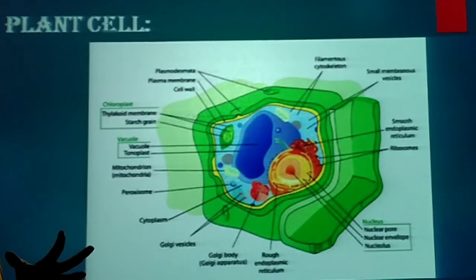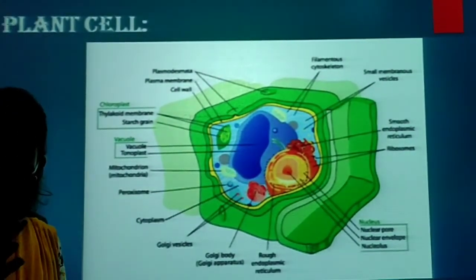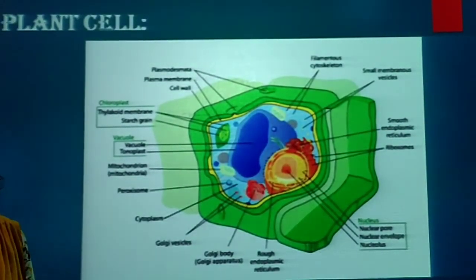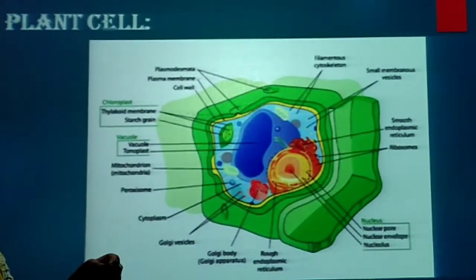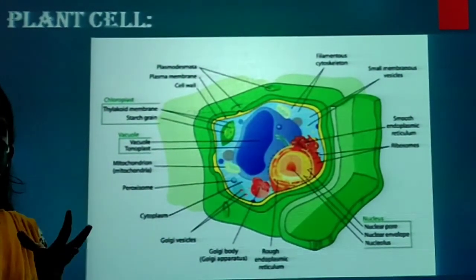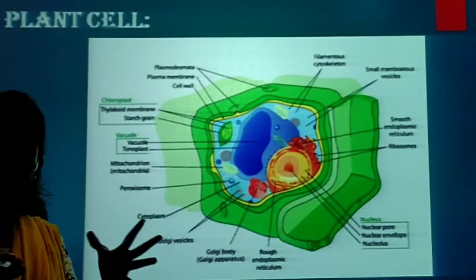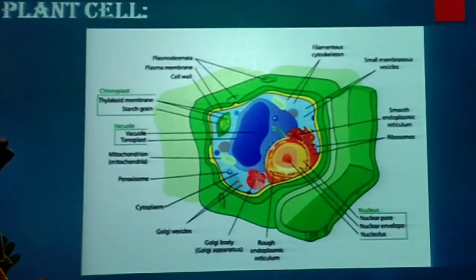Plants are not as delicate as we are. If a knife falls on our feet, we will definitely get a cut, but if you throw a knife or a sharp thing on a plant, it will not get any cut. Though we all are living, there are differences in the shape and structure of plants and animals. That is why there is a difference there.